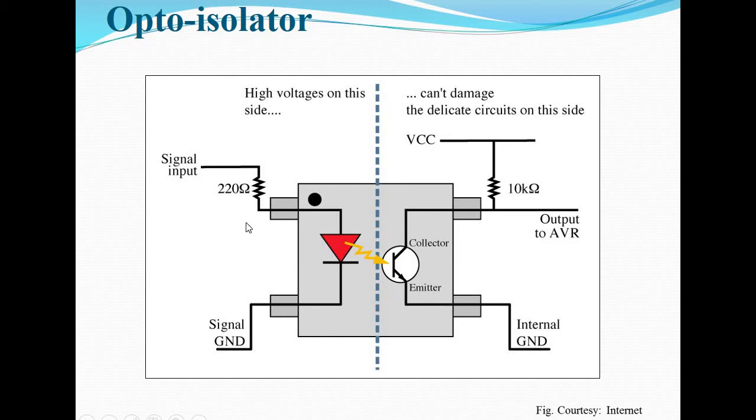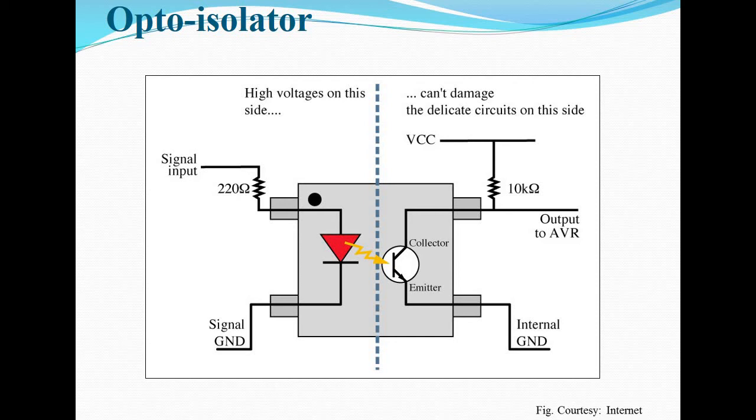So let us see what the different components of an opto-isolator are. You can see here there is one source or emitter of light. This is the diode and it is the emitter of light. So it is an LED, light emitting diode, and there is a photodiode, or a transistor, which will catch the light emitted from this diode.